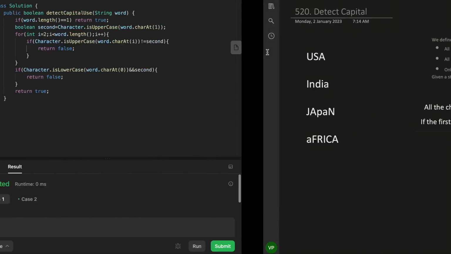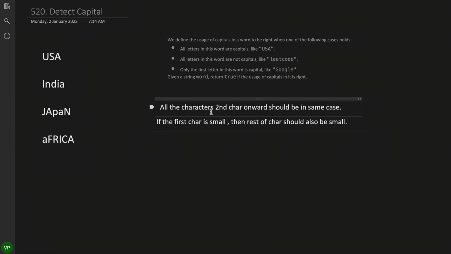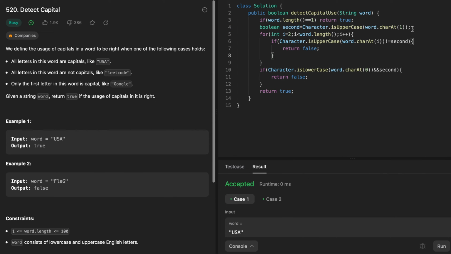This is equivalent to checking these conditions: all the characters from the second character onwards should be the same case. Here I'm checking if all the characters to the right of the second character are of the same case, because if that's not true, we can return false.